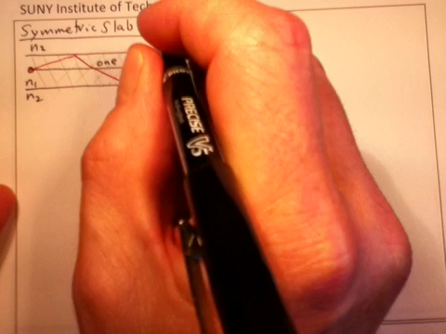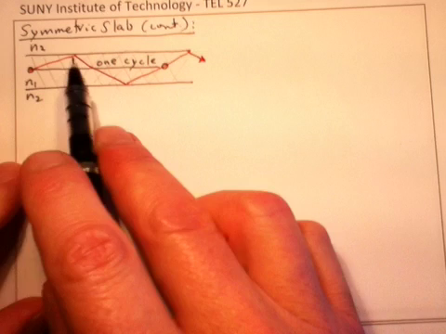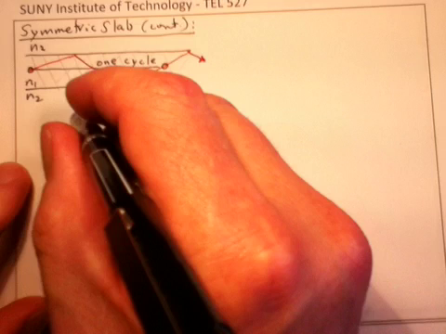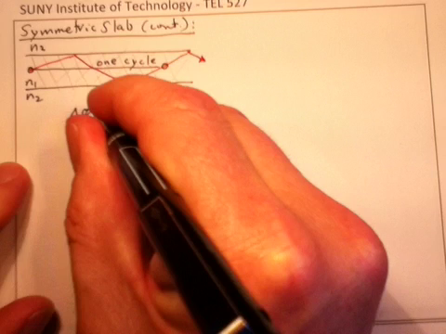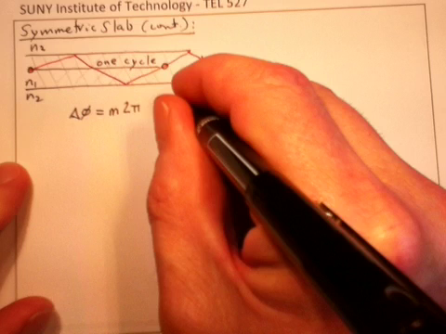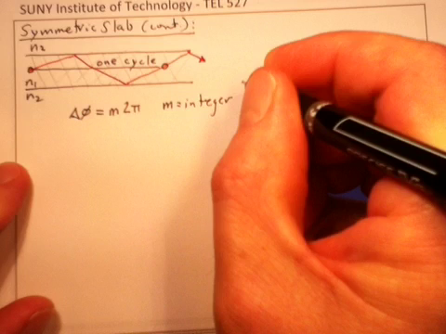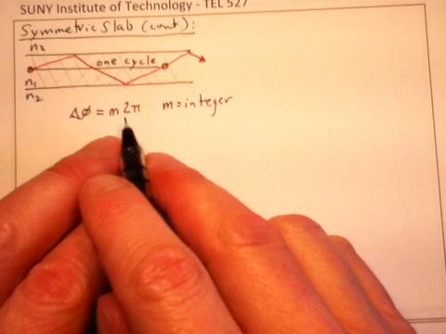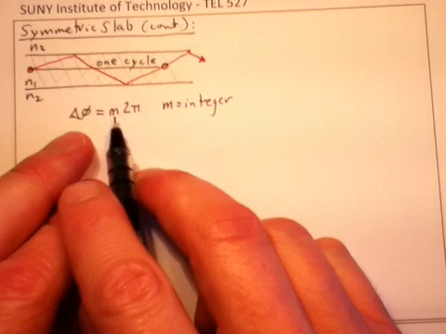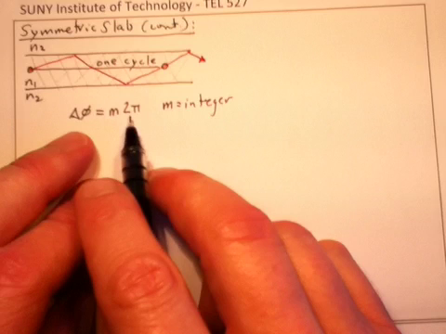In order for this ray to really propagate forever inside this waveguide, we've got to have a phase change, delta phi, which is an integer multiple of 2 pi. This is the standard condition for constructive interference. If it were an odd integer multiple of pi, then we'd have exact destructive interference.